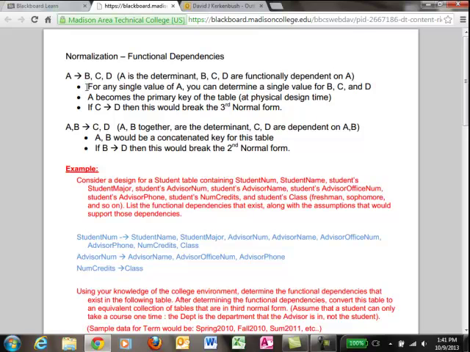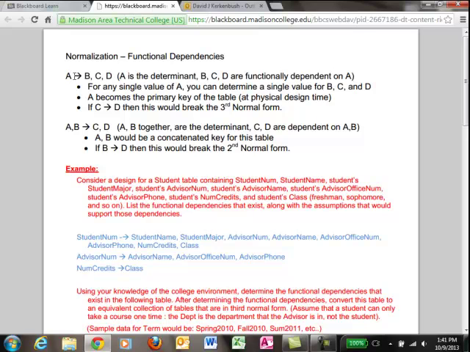What it means is for any single value that you can come up with for field A, you can determine a single value for B, C, and D. Now, like I said, this terminology sounds funny, but when you think about it, A really is going to become the primary key of this table once we physically create it in a database.